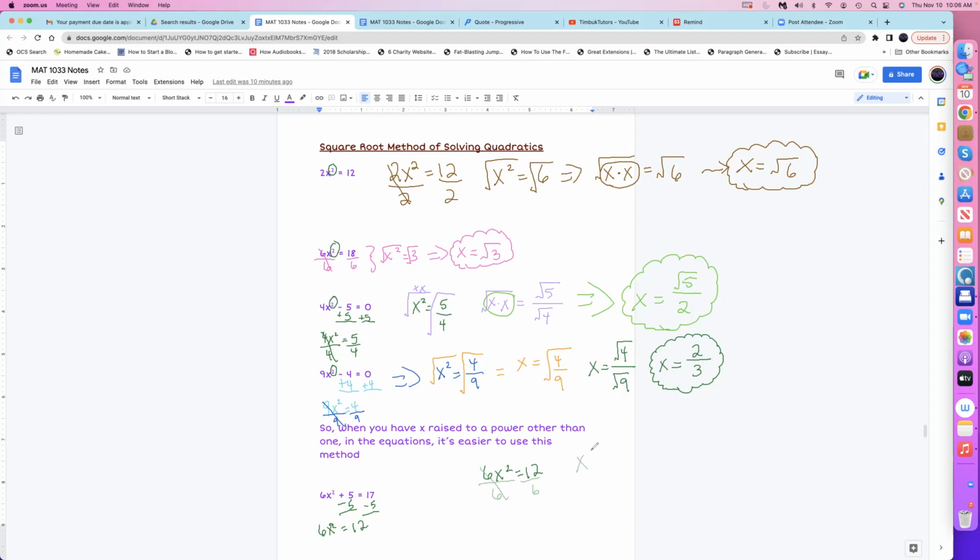And x squared equals 2. Now I'll take the square root of both sides. I have the square root of x squared, which is x, equals the square root of 2. It comes out to represent both of them, equals square root of 2.